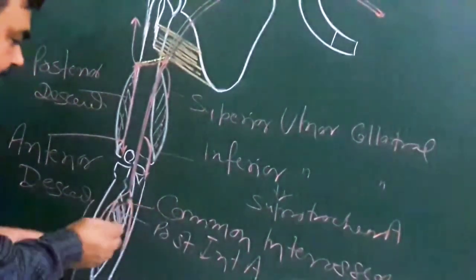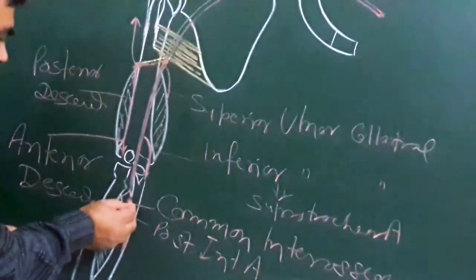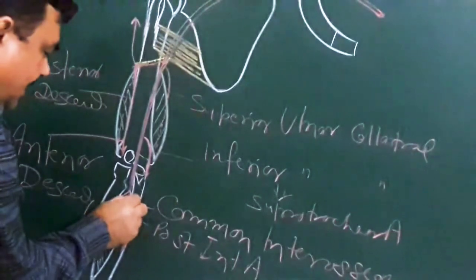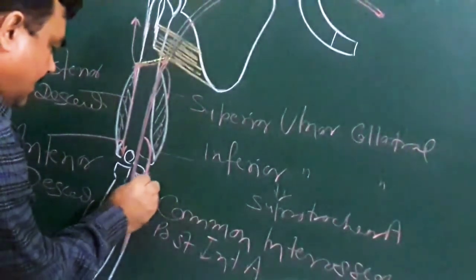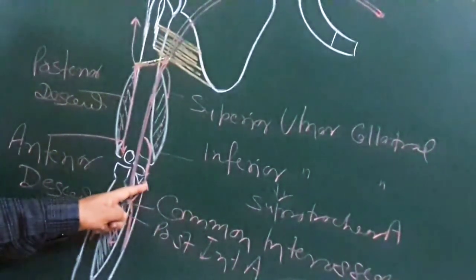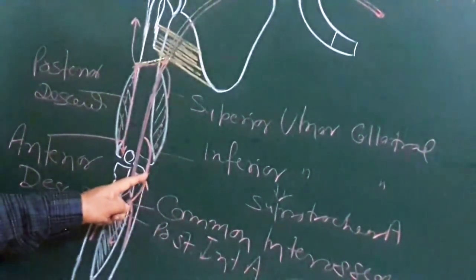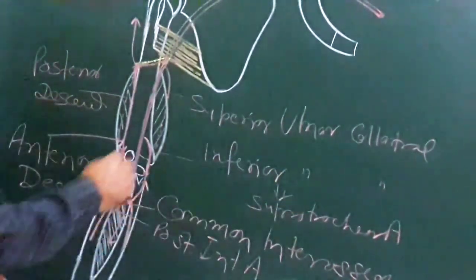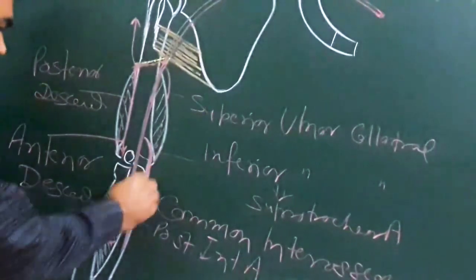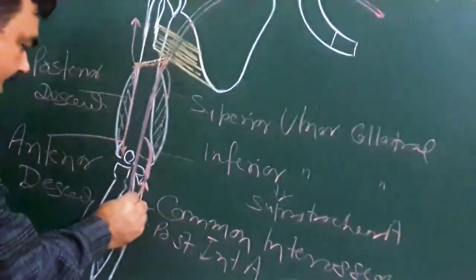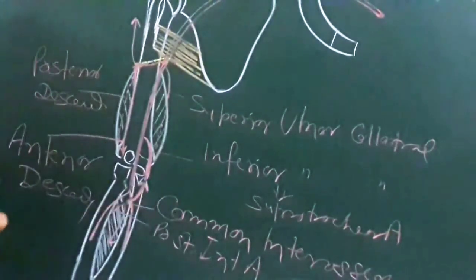And this ulnar artery gives other branches. This is the anterior ulnar recurrent branch, which anastomoses with the inferior ulnar collateral branch.